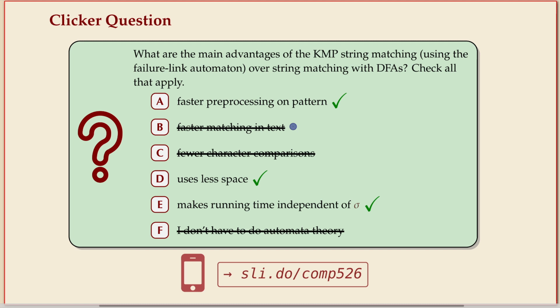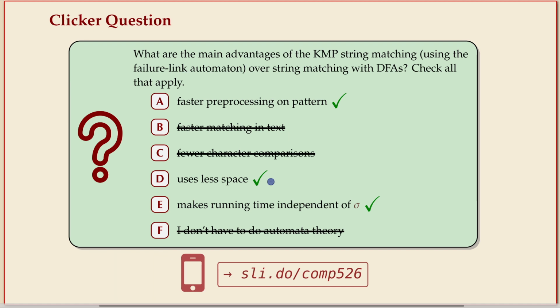KMP had overall order n plus m time complexity, and this 2m as an upper bound of the symbol comparisons, but the string matching automaton has basically a factor 1. It uses table lookup, not comparisons, but it will be similar in time. So actually, the string matching automaton wins on this part, but it's bought with much more space.